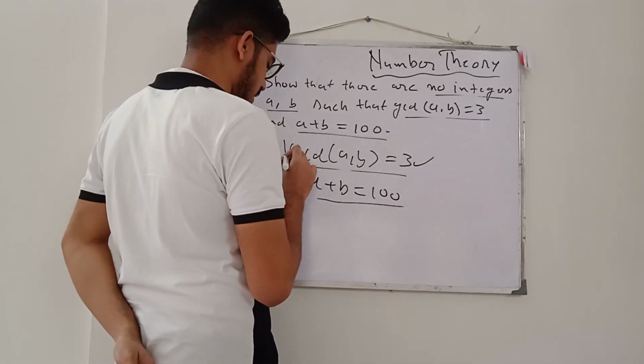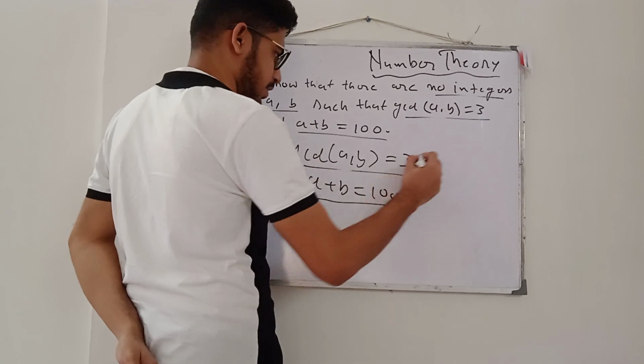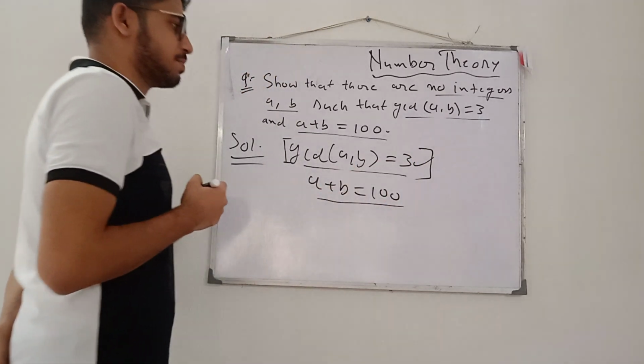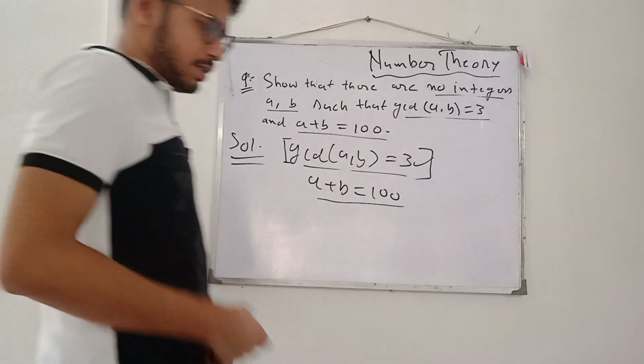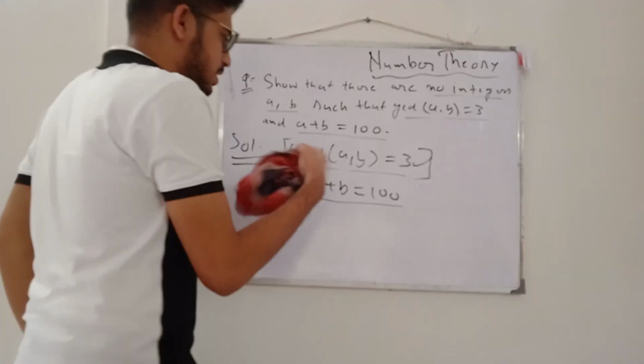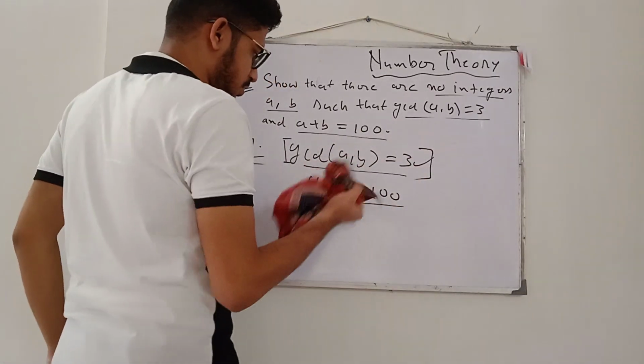What is the meaning of this part? gcd(a, b) means what? GCD is just a kind of showing the common divisor.